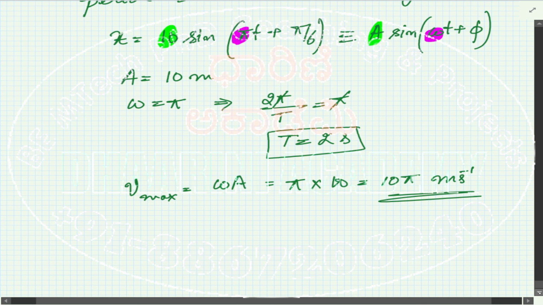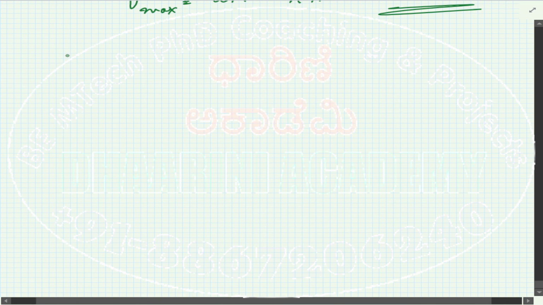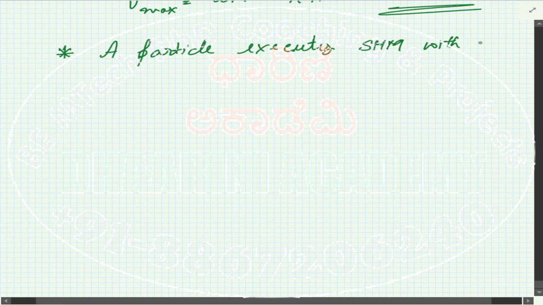All right, then the next question. A particle executes simple harmonic motion with capital T equal to 4 seconds.